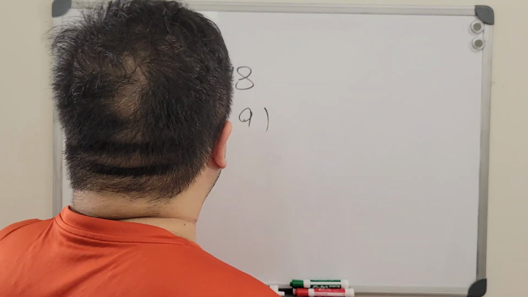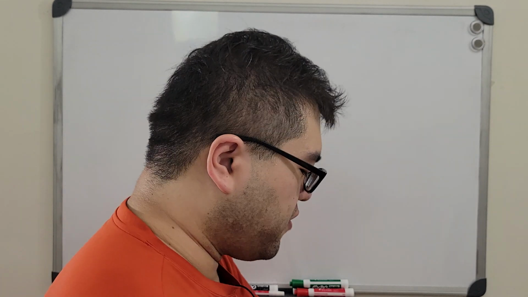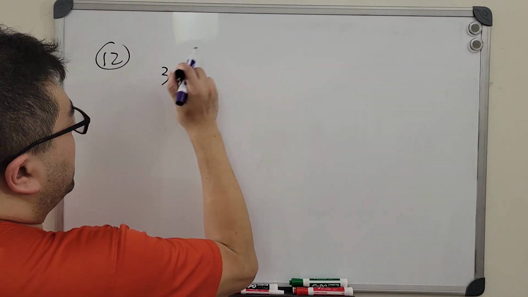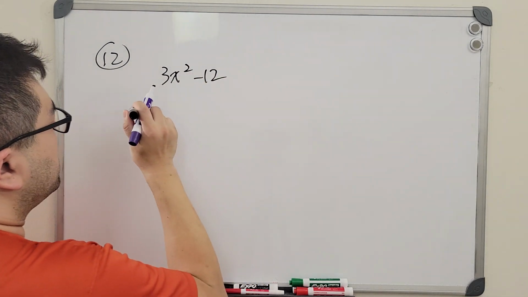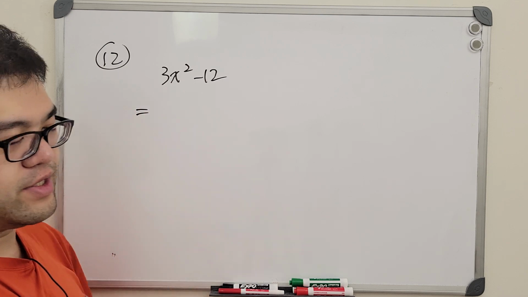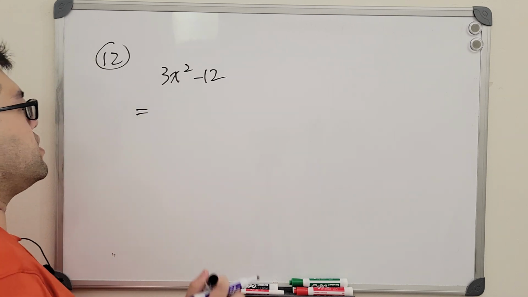Okay, next one. Number 12. We have 3x squared minus 12. So again, if we look at this here, clearly 3 is not a square number. It's not a perfect square.